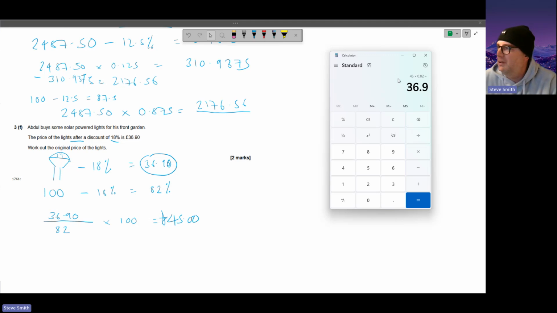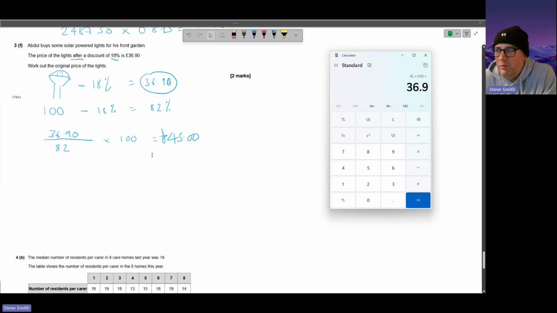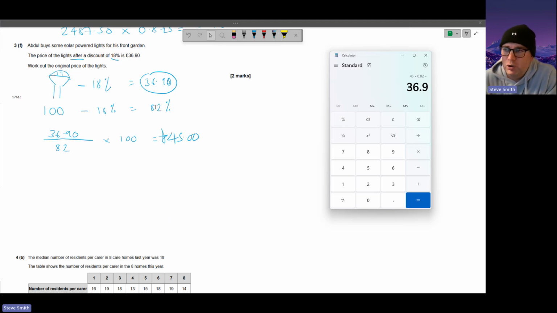That's going backwards and forwards with the percentages, understanding which is your 100% value. Like we said here, the original price was the 100% value, so we didn't have it. So we don't divide anything by 100. That's why we divided it by 82, because we got the new value, which is 82 pieces, and we needed 100 pieces.